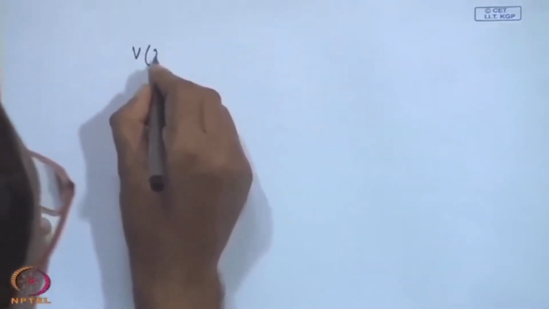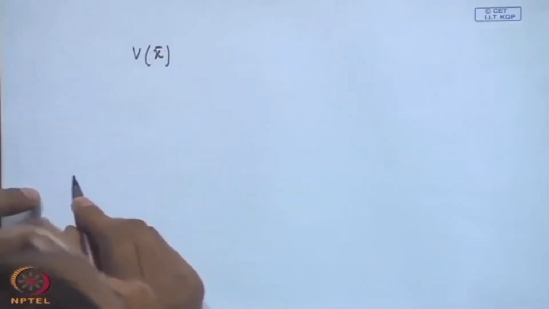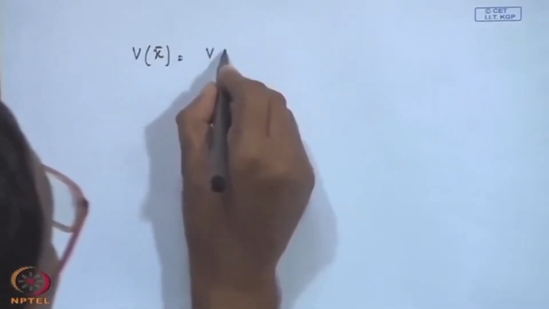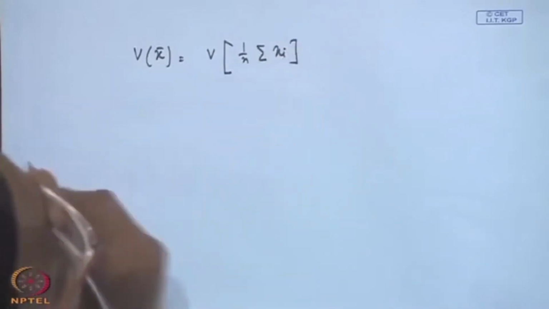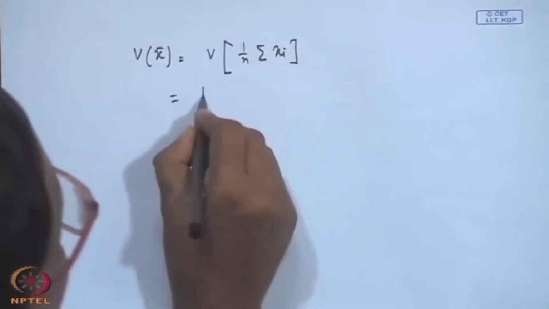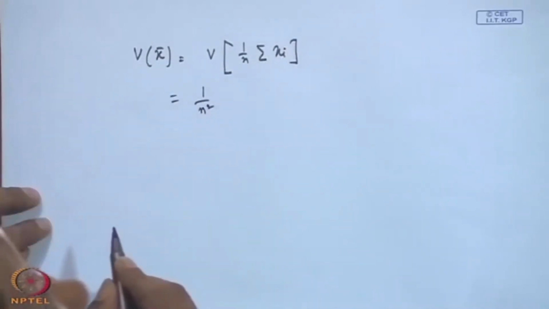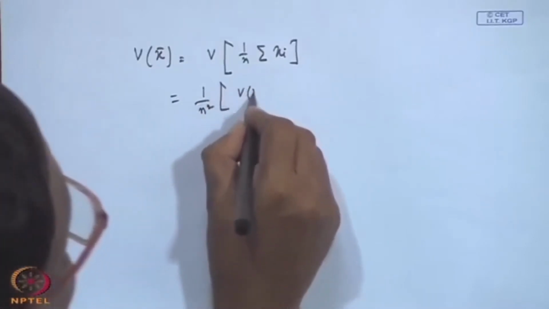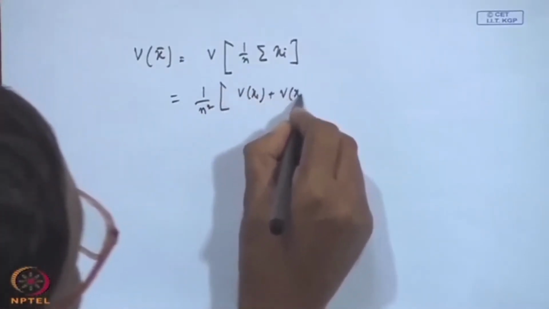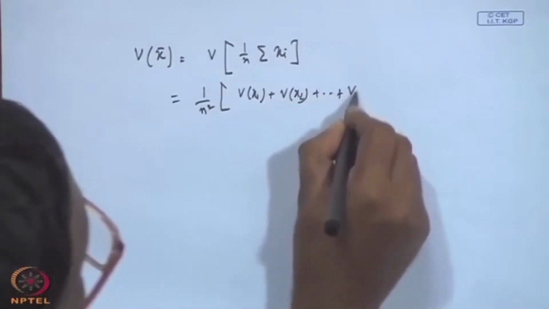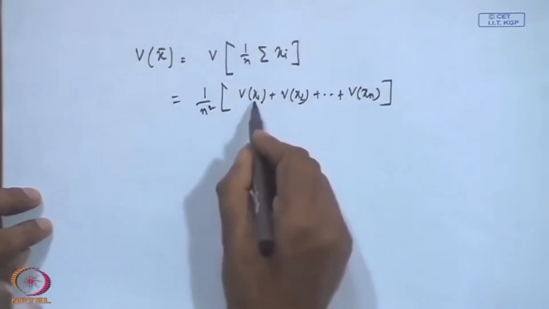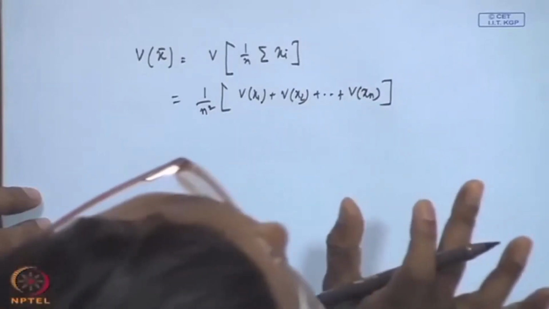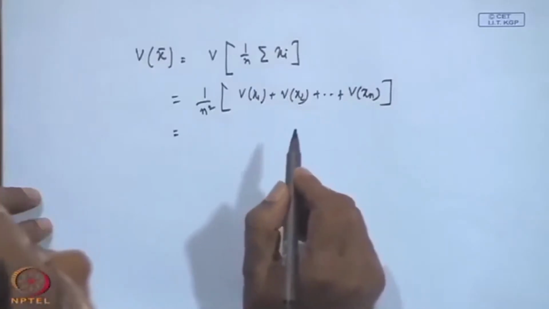If I want to know the variance of x bar, this is nothing but the variance of 1 by n times the sum total of xi. As I said, taking 1 by n square out, we get the variance of x1 plus the variance of x2 plus the variance of xn. x1, x2, xn are all normal random variables with variance sigma square.